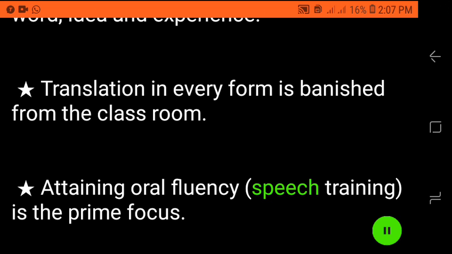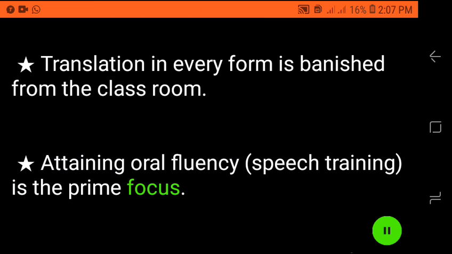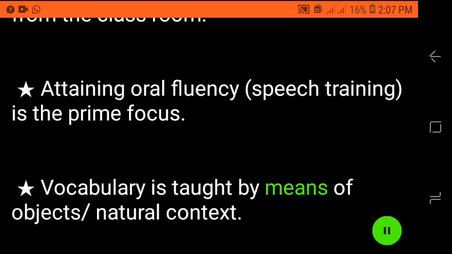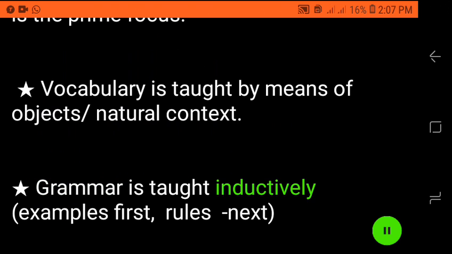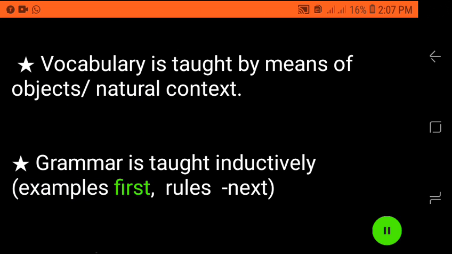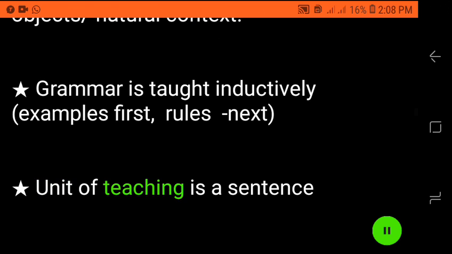Attaining oral fluency, speech training, is the prime focus. Vocabulary is taught by means of objects, natural context. Grammar is taught inductively, examples first, rules next. Unit of teaching is a sentence.